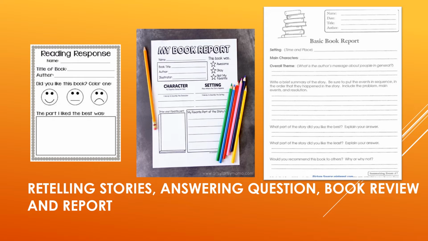You can ask them what is the title of the book, who is the author, and then there are 3 smileys. If they love the book, they can circle this one, or if they don't really like it, they can circle this neutral face. And if they don't like the book, they can circle this sad smiley face.